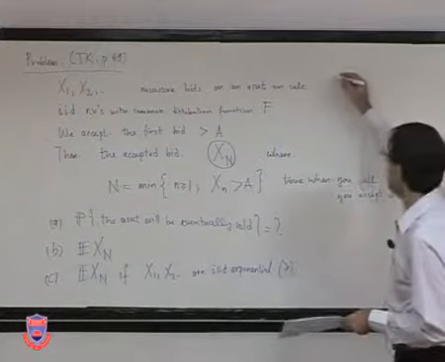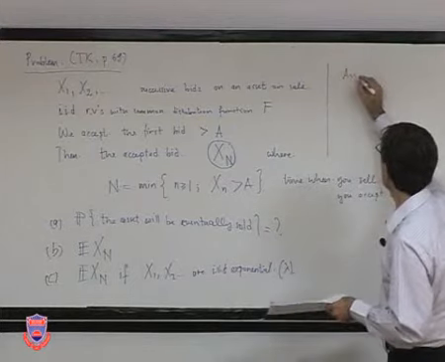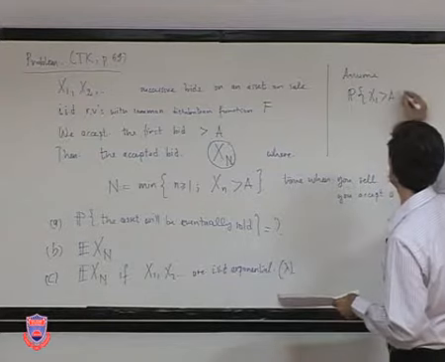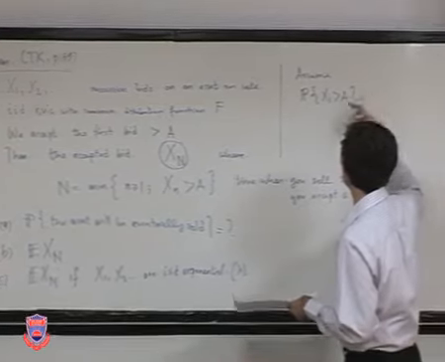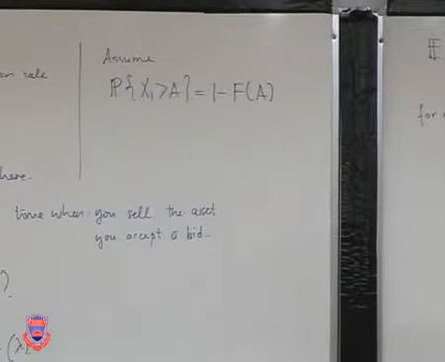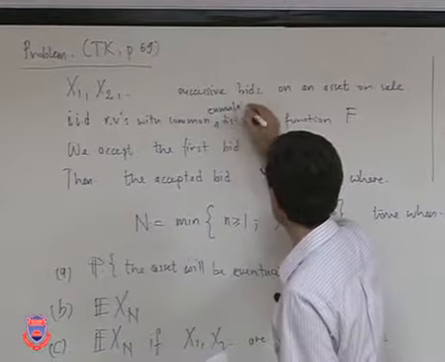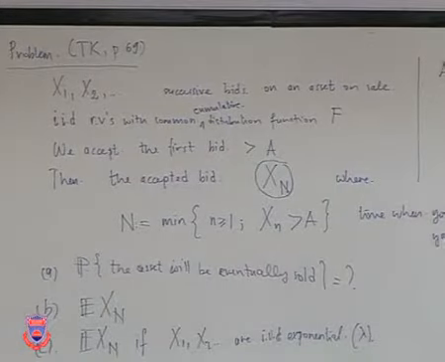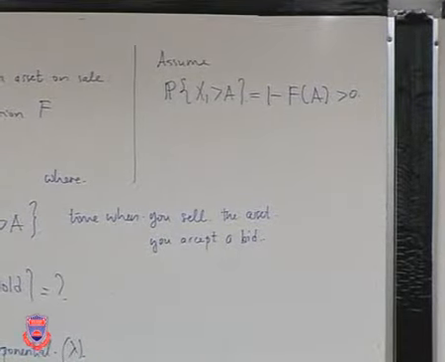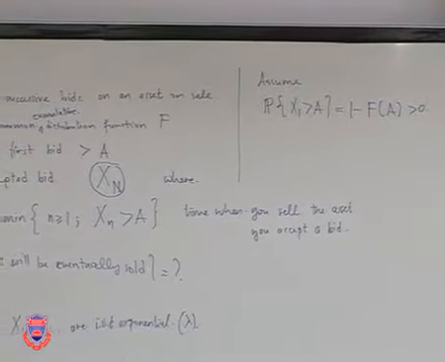The condition, we will be answering all these questions under the assumption that the probability that one of these bids is greater than A, which can be written in terms of the cumulative distribution function, is positive. That actually immediately gives the answer for part A, but we have to just gather all our thoughts to solve the problem.